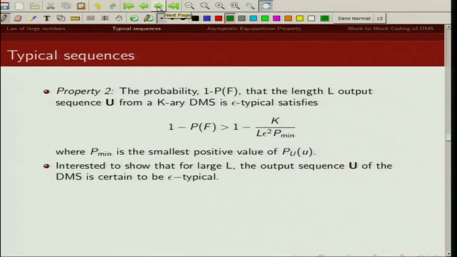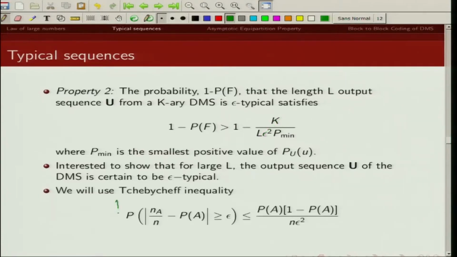Again the consequence of this property would be, when L is very large, this quantity will essentially go to 0. Then what we are essentially trying to say is when L is very large, probability of occurrence of a non-typical sequence is very, very small.